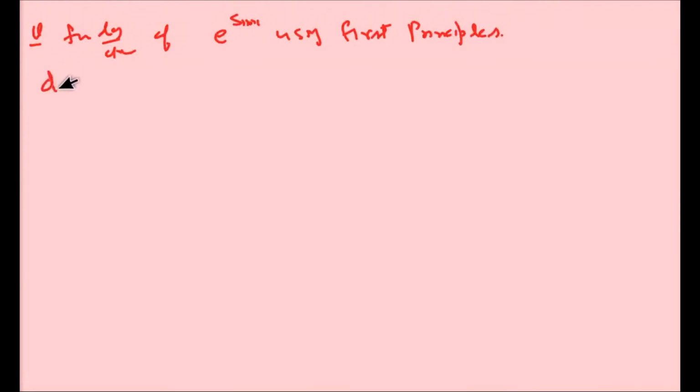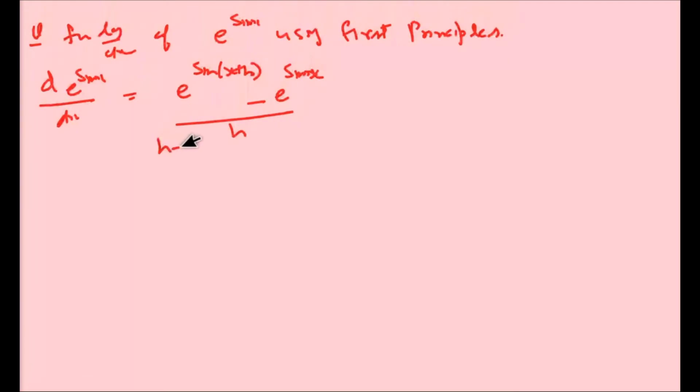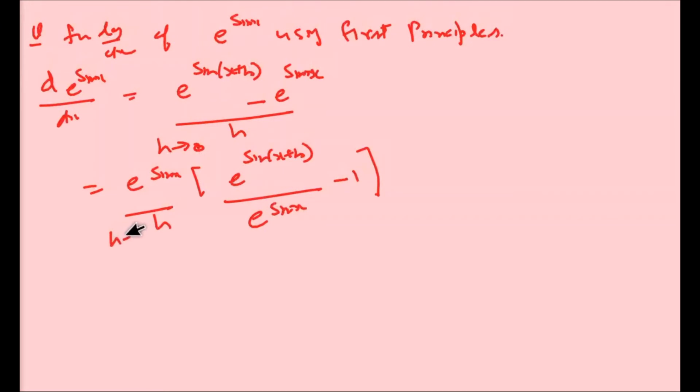So we can find dy by dx of e to the power sin x. We can write e to the power sin(x plus h) minus e to the power sin x upon h, h tends towards 0. Now if we take common e to the power sin x, what is left here? e to the power sin(x plus h) upon e to the power sin x, minus 1, upon h, h tends towards 0.